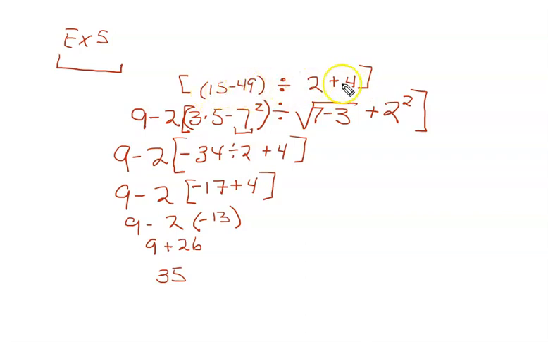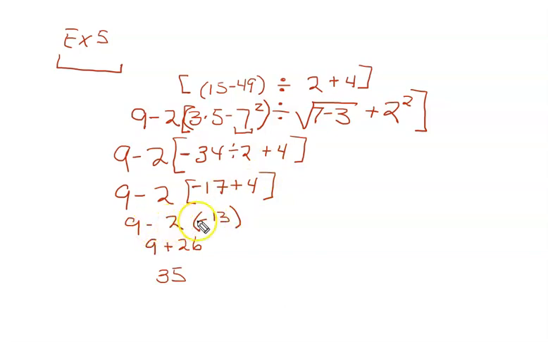And then we're squaring the 2 and get a 4. So there's this line that I put up there. You could put it underneath. So 15 minus 49 is a negative 34 divided by 2 plus 4. So do we add this or do the division first? We do the division first. So negative 34 divided by 2 is a negative 17 plus 4 gives me a negative 13.